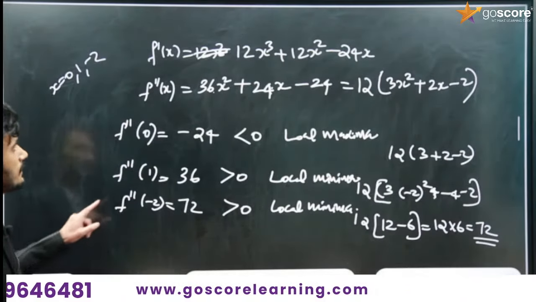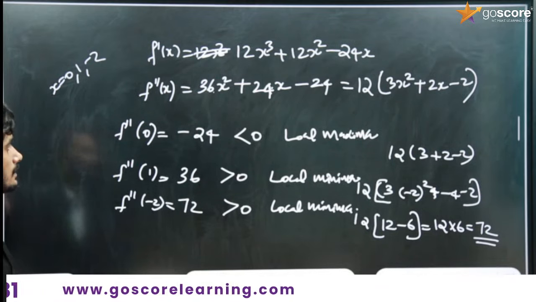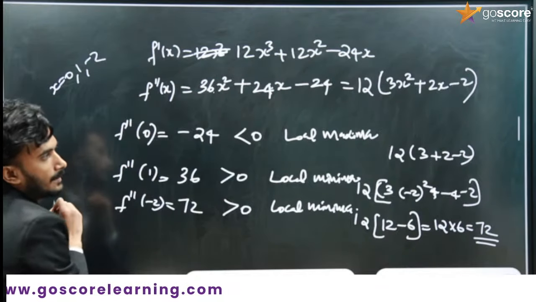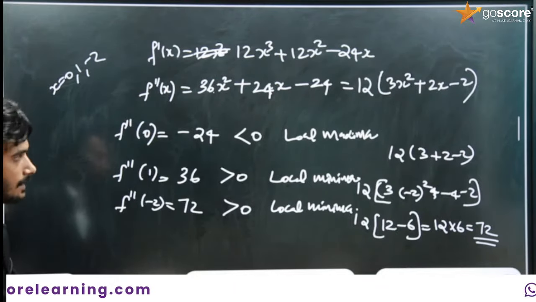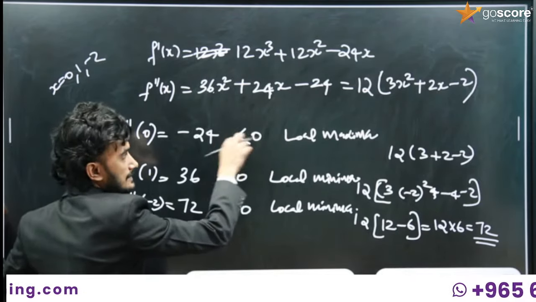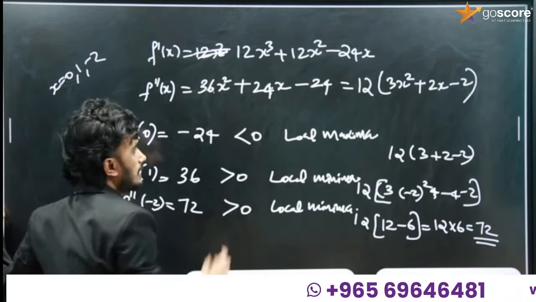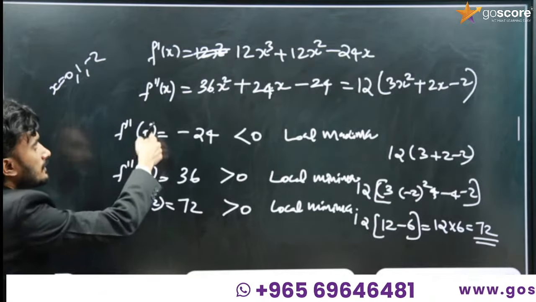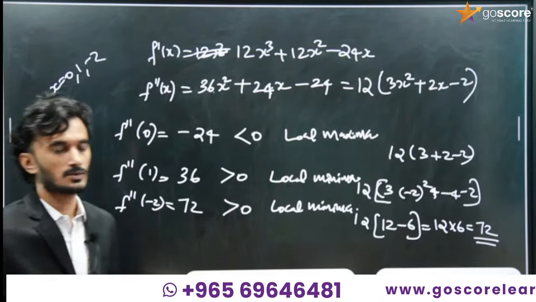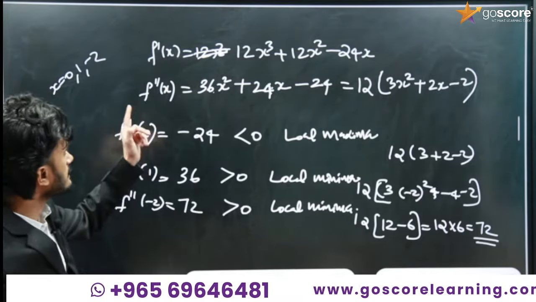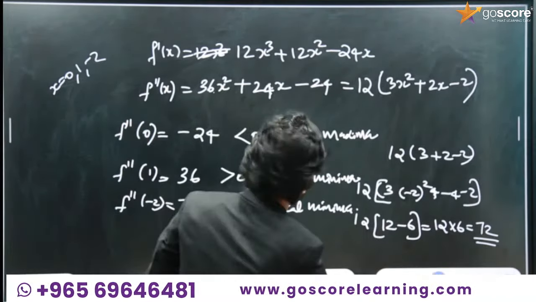So first we will find this one, local maxima. This 0 is local maxima because the second derivative of that value is less than 0. So this 0 we will substitute in f of x. What is f of x?